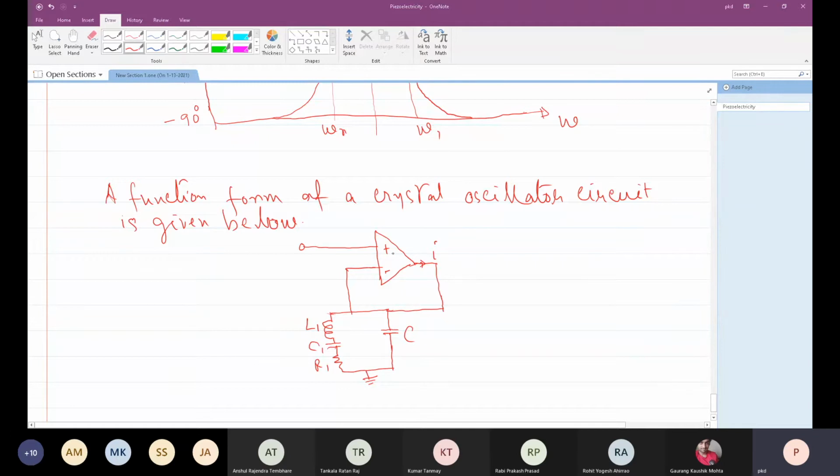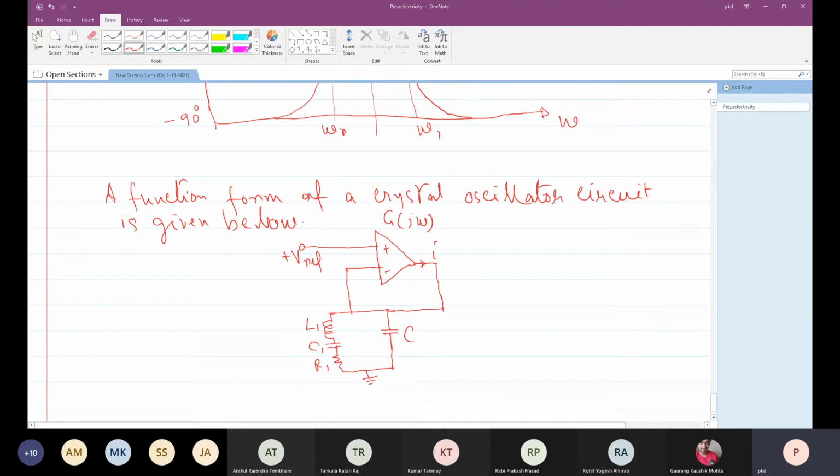So if this response is j omega, here we can give a supply, say plus or some reference voltage can be given.